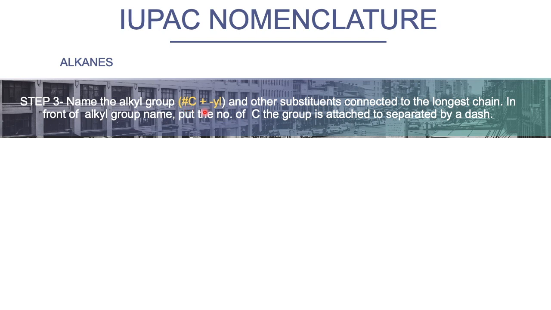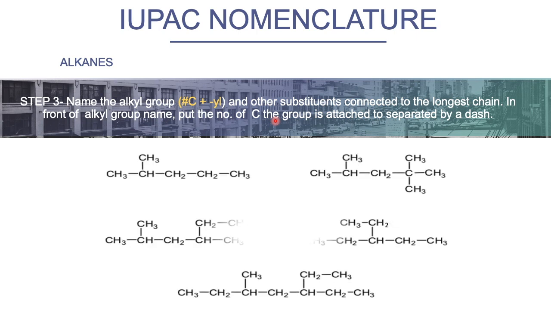So we will name this alkyl group and put the corresponding number of the carbon to which it is attached. Let's look at some examples. So here I have the condensed formula of 5 different compounds, and we will try finding the substituents attached to these. So before we find the substituents, it is essential that we find the parent chain.